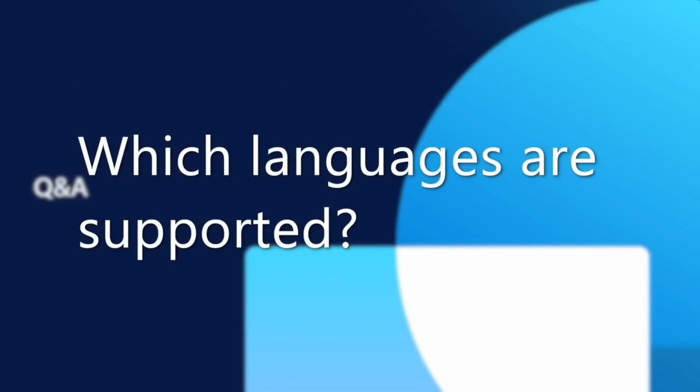Next question is, which languages are supported? At this moment, only the English language is supported as part of the Copilot API or the sidecar experience or the natural language Copilot experience. Steve, is there any plan to add more languages in the near future? Yeah. So for internationalization, we have two parts here, right? One is geo extension, one is multilingual. We don't really have a plan for multilingual at the moment, but we do have geo extension.